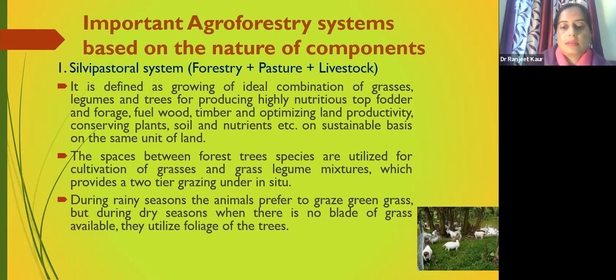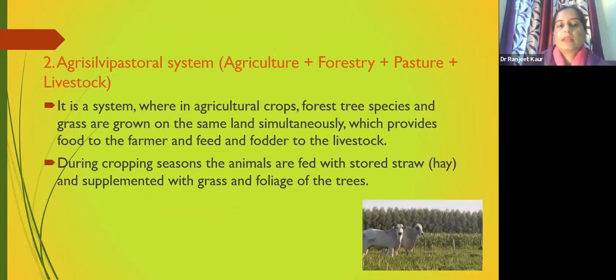Then we come to the agri-silvi-pastoral system. That means here agriculture, forestry and pasture livestock are all being done in the same unit of land. That is a system where agriculture crops, forest tree species, and grasses are grown on the same unit of land simultaneously, which provide food to the farmer and feed and fodder to the livestock in a sustainable way.